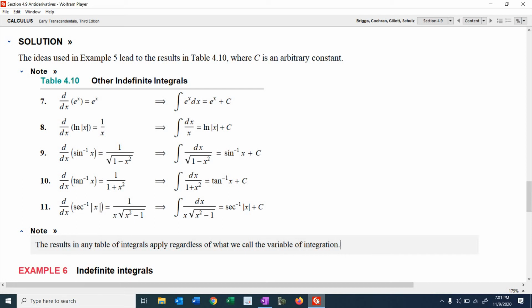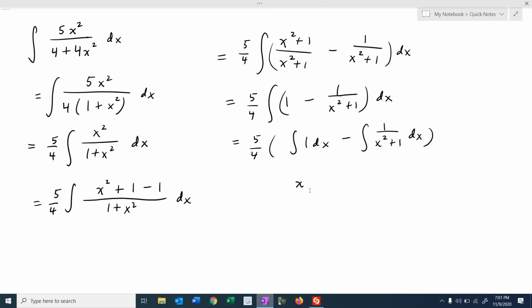Those are the same thing. Okay, so if you wanted to make it look like the table, you can multiply this dx by 1 and write it like this. Okay, so the antiderivative of this, 1 over x squared plus 1, is actually arctangent of x.